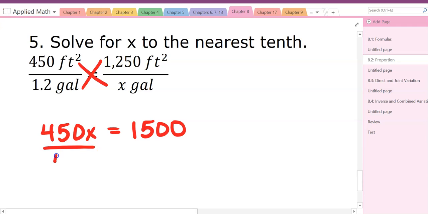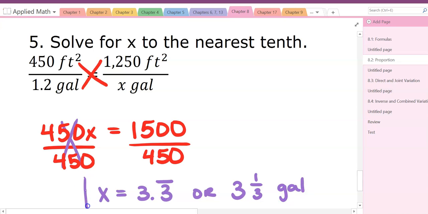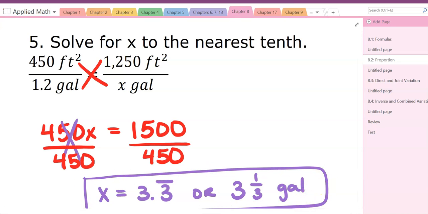Then I would divide by 450. And I get, for this one, it's 3.3 repeating. Okay, or it would be 3 1/3 if I had it as a fraction, and that would be gallons. So let's say, like I said, if they were talking about paint here, I would need 3 1/3 gallons then of paint to cover that surface.